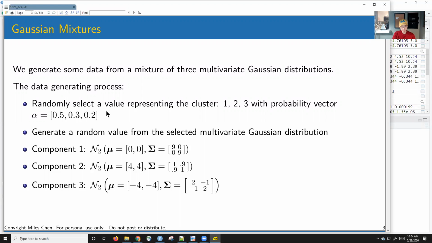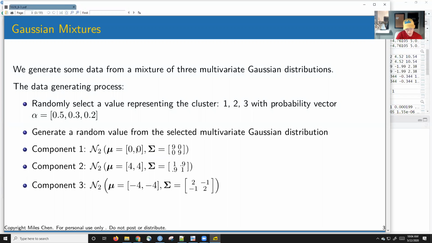First, we're going to randomly select a value to represent either cluster 1, 2, or 3, with some probability vector that adds up to 1. So here, half of the values will come from cluster 1, 30% of the values will come from cluster 2, and 20% of the values will come from cluster 3. Then depending on which cluster is selected, we're going to generate values from one of these 3 multivariate Gaussian distributions.